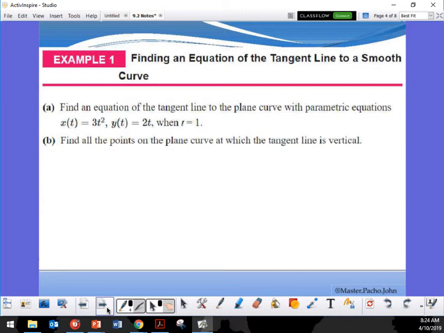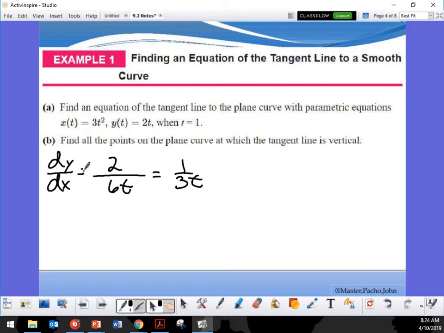The derivative is dy/dt over dx/dt. Okay, so that is the equation of the tangent line.